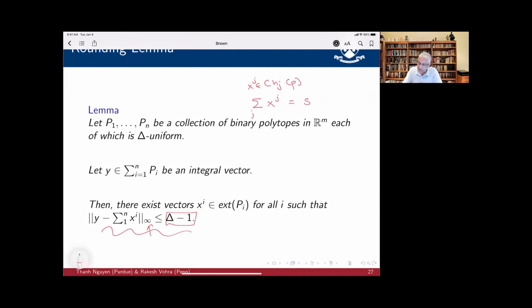In other words, wouldn't it be nice if S, the supply vector, lived in the Minkowski sum of the choice correspondences? If that were the case, supply meets demand, and then we could all go home declaring victory.